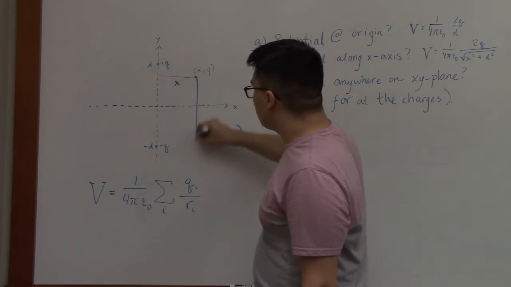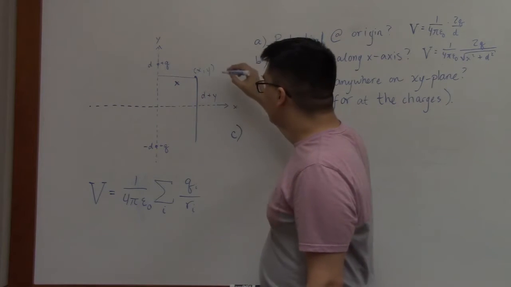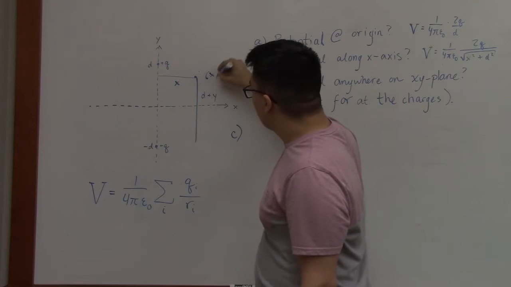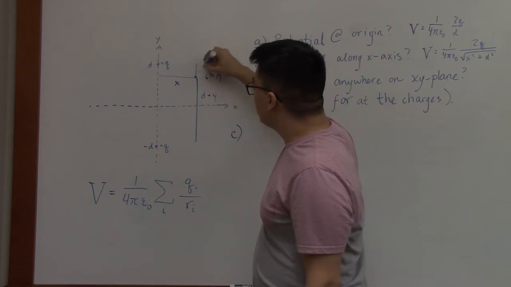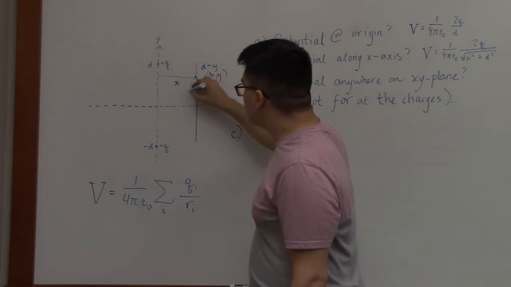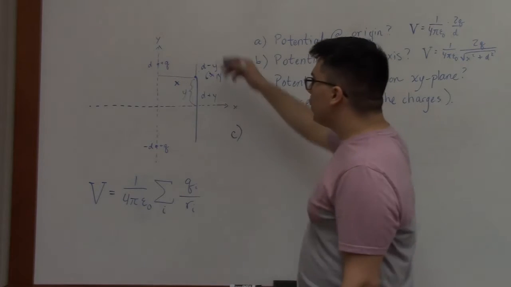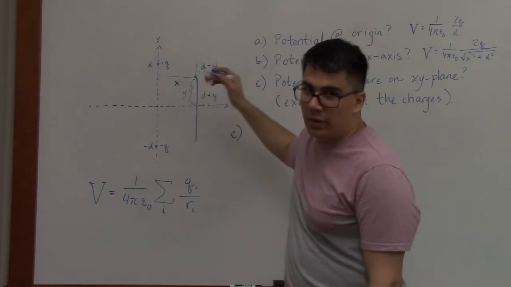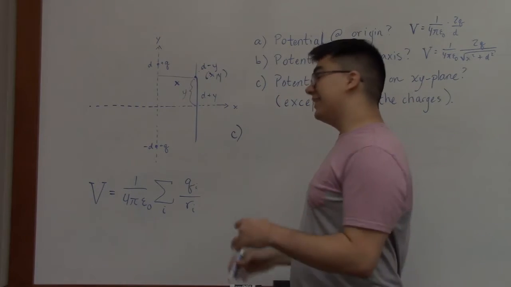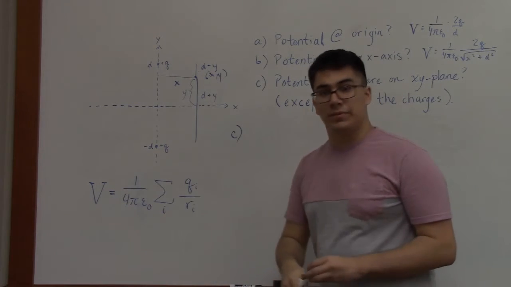But for one of the charges, it's always going to be d plus y, and for the other charge, it's always going to be d minus y, assuming that this distance right here is going to be y. Now, whether it's the upper charge that has d minus y or the lower charge that has d minus y, it really doesn't matter, because the potential is going to be the same for either of those points.